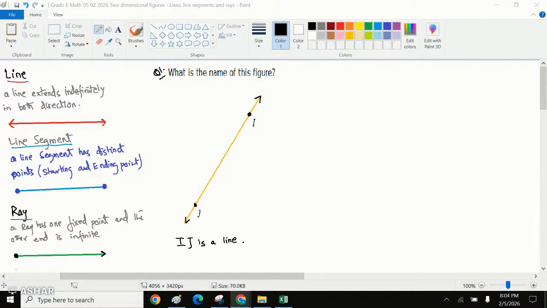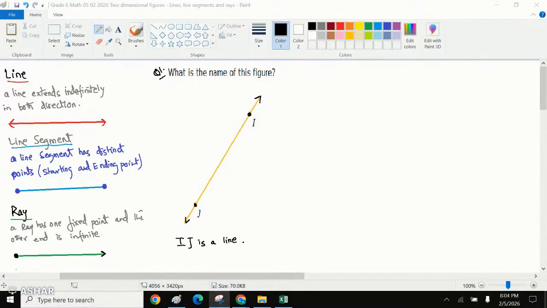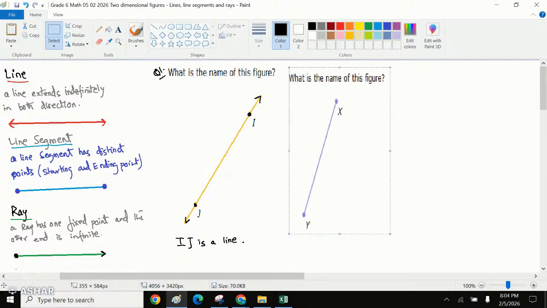Thank you, Brighty. The next question says, what is the name of the figure in the next question? Just a moment, let me copy this. This is our question number 2.